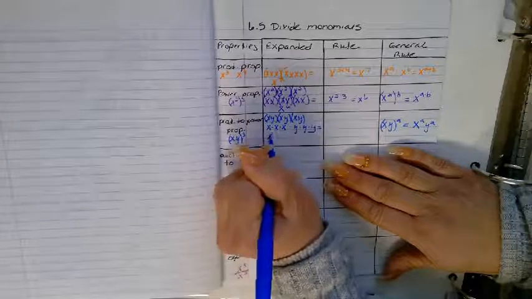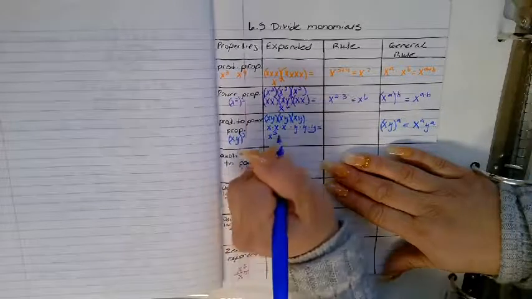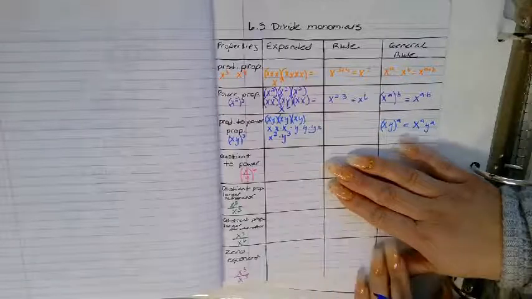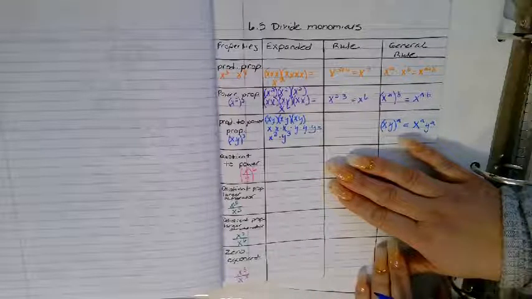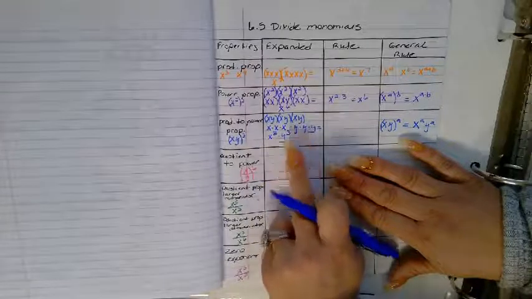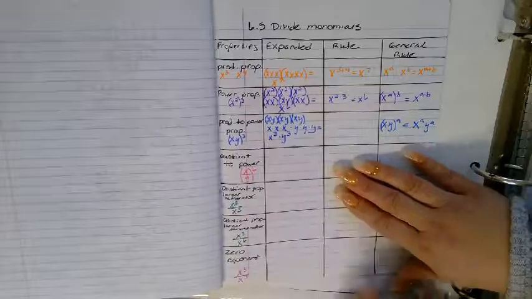So our answer would look like that. If that doesn't make sense, just let me know. We're just expanding everything out. So we first did our xy 3 times, then we separate our x's and our y's so we could get our answer.